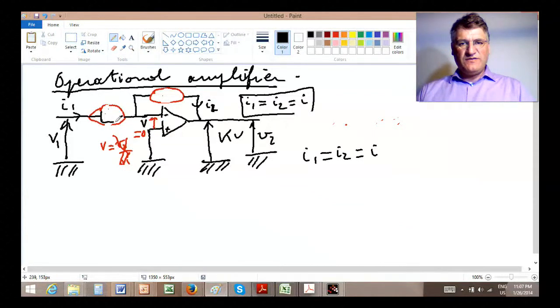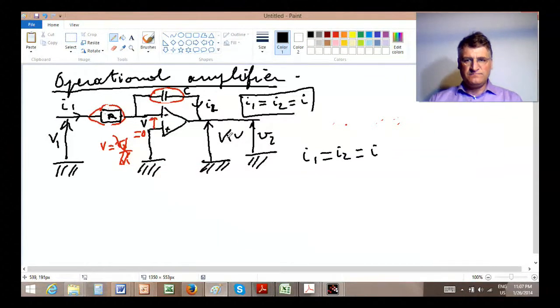So the resistor R goes here, and the capacitor with capacity C goes there. Now, what do we obtain?